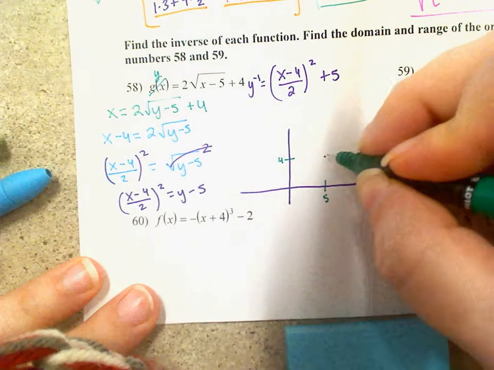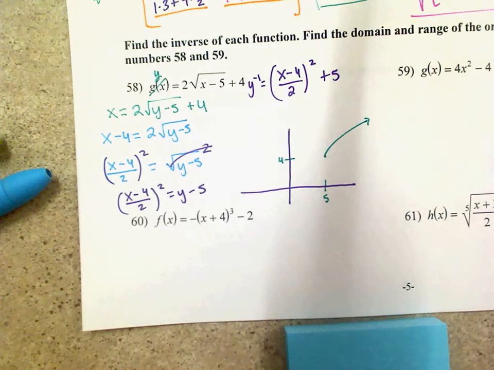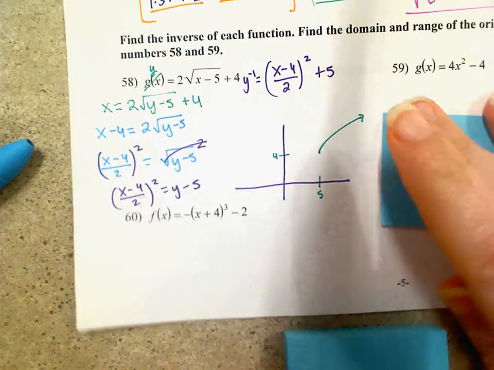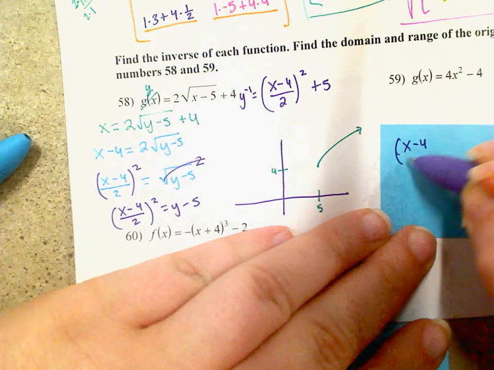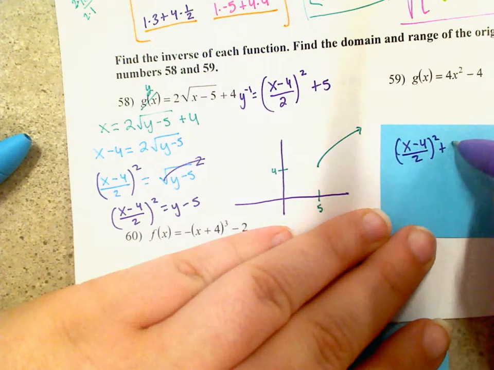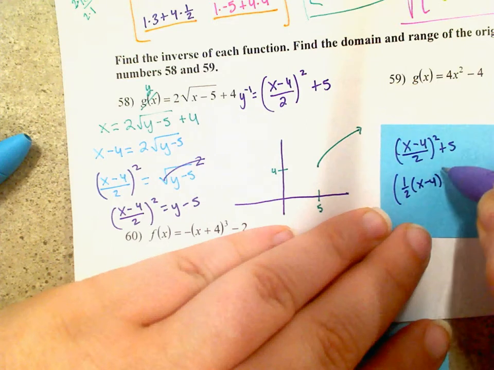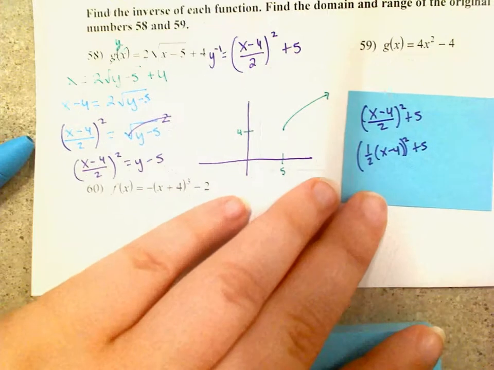When I graph this parabola, there are multiple ways to think of this. x minus 4 over 2 squared plus 5 you can think of as 1/2 times x minus 4 squared plus 5, which is a horizontal stretch by a factor of 2. Either way, it's just a parabola shifted to the right 4 and up 5.